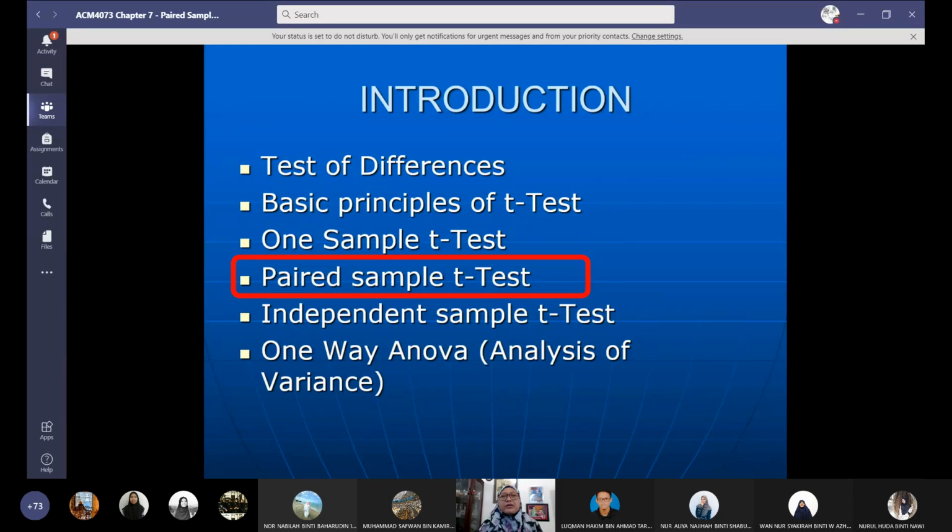One-way ANOVA involves two variables. The first variable should be nominal with more than two answers, while the dependent variable can be nominal or scores.